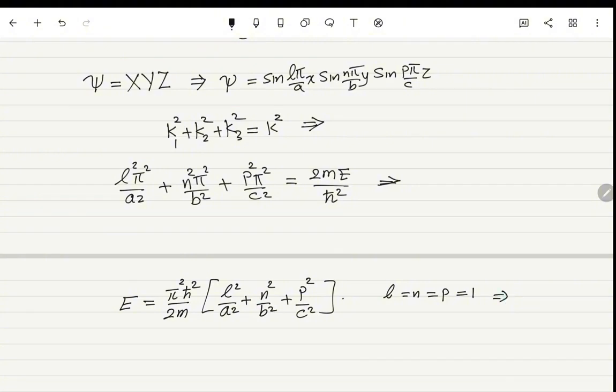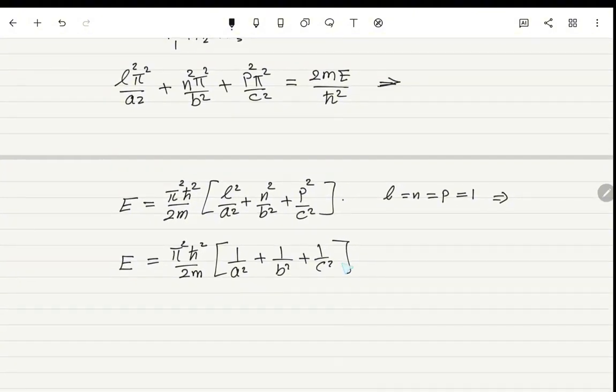Therefore, the minimum value of energy for an atomic particle in a box of dimensions A, B, and C will be equal to pi square h bar square over 2m times 1 over A square plus 1 over B square plus 1 over C square, since L, n, p equal to 1 gives the minimum energy. That's it. Thank you for watching.